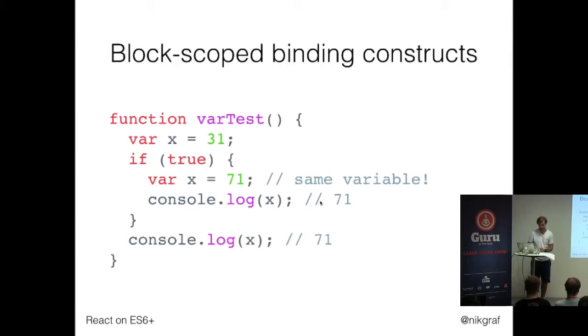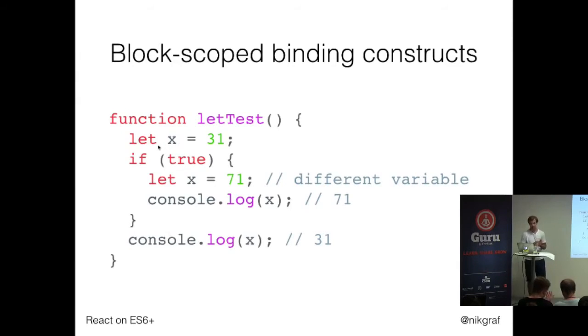And that's really bad, because that doesn't happen too often, probably, but if it happens, it costs some debugging time and is pretty annoying. So that is some behavior I don't want to have. And what you get with ECMAScript 6 is the let construct.